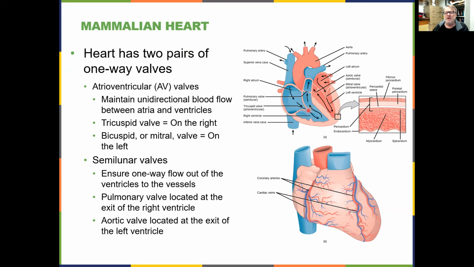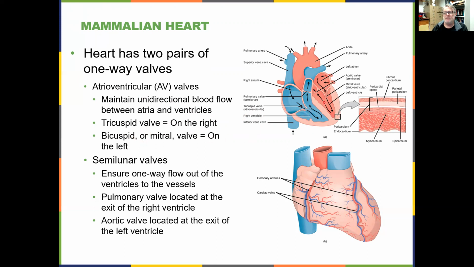The first pair sit between the atrium and the ventricles, and they only allow blood to move from the atrium to the ventricle on either side. So these are called the atrioventricular valves. But they also have other names related to their particular structure. One of them has three leaves of tissue, and so it's called the tricuspid valve, and that's on the right side of the heart.